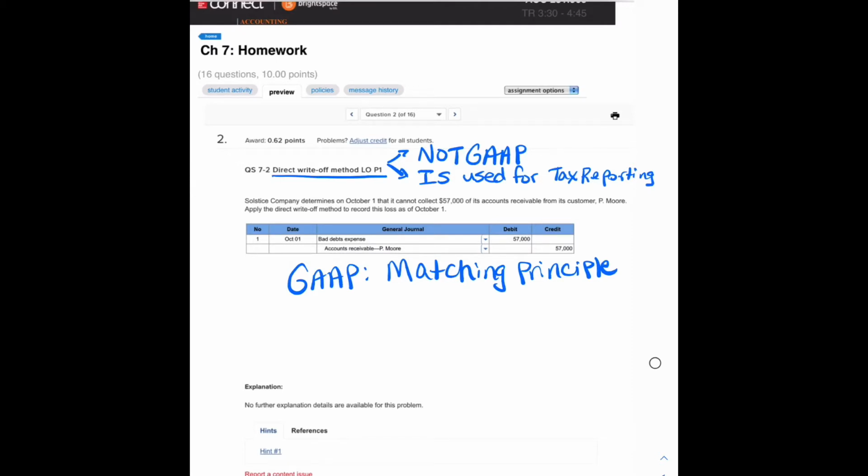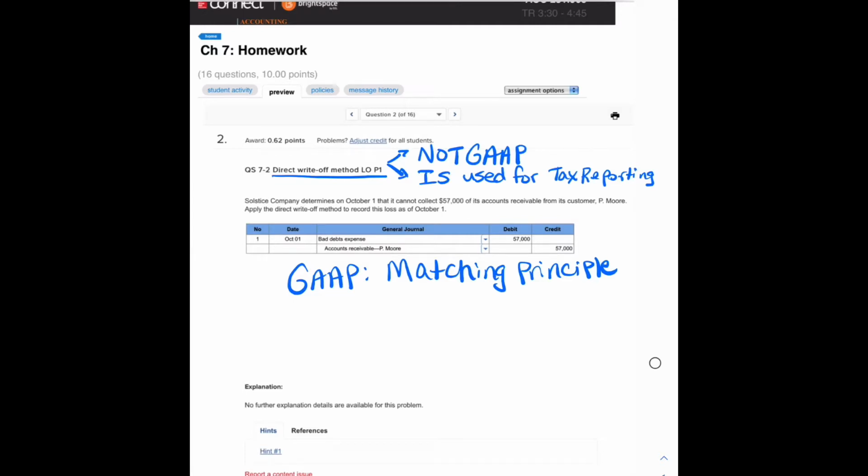However, the direct write-off method does not record this expense until we know the customer cannot pay us, which may not occur, for example, until year 2, which is going to create a mismatching of revenue and expense. This is why we cannot use the direct write-off method in most cases under GAAP.